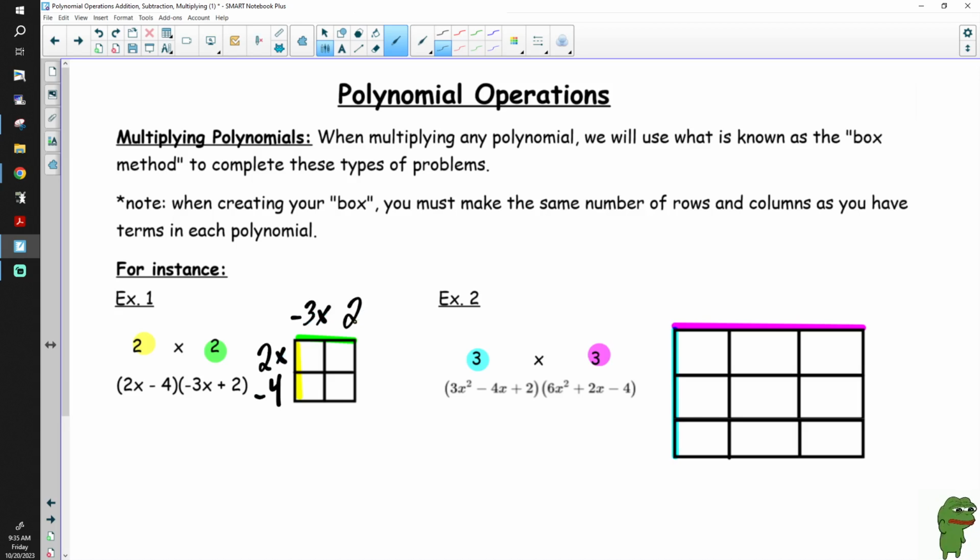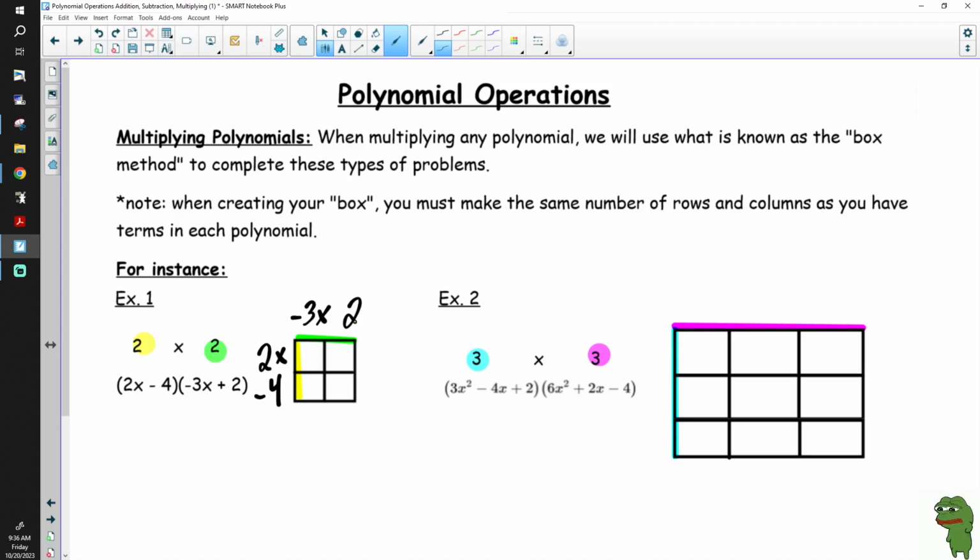We're not going to solve this one, but this is just setting up. If we had a 3 term times another 3 term, we need to make our box 3 by 3. So the size of the box you draw depends on how big the polynomials you're multiplying are. They're not always exactly the same.